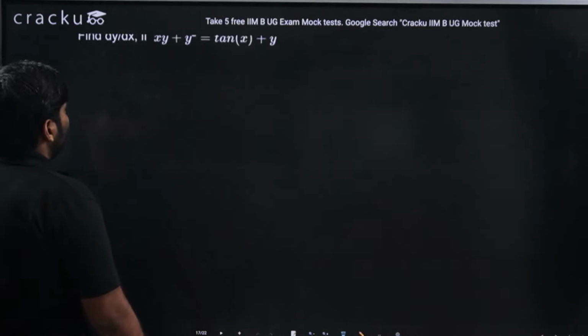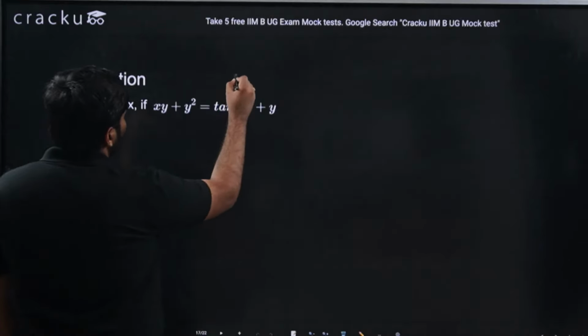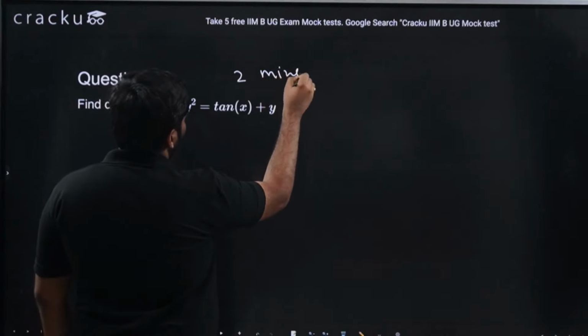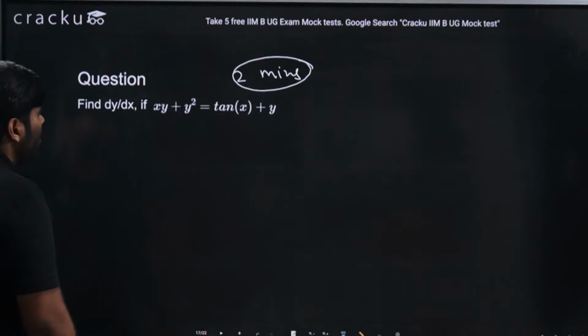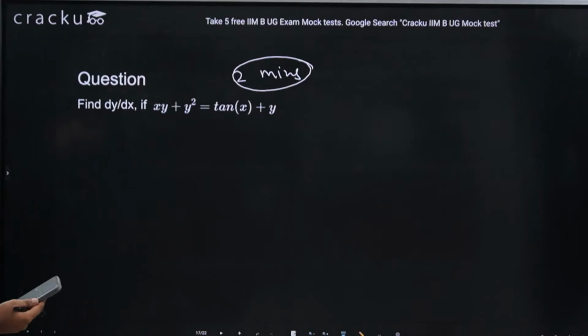Solve this now. The similar application. 2 minutes again, please solve this. I'll explain this in 2 minutes.